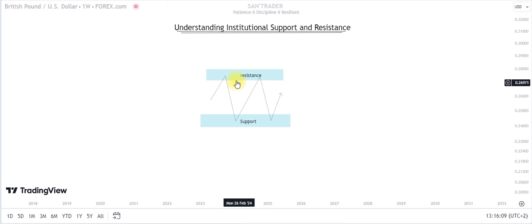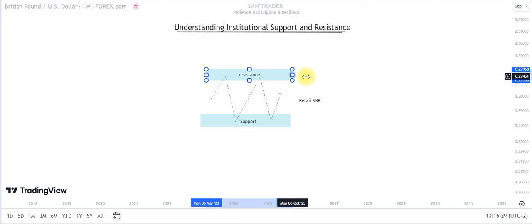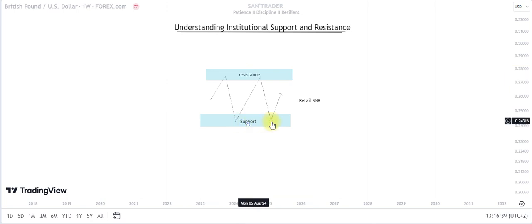I'll use SNR for support and resistance. Basically, when price reaches a certain zone, price should go down, and when price hits a certain zone, it should go up. When price hits that floor, we say it's support, and when it hits that roof, we say it's resistance. So this is the retail support and resistance.